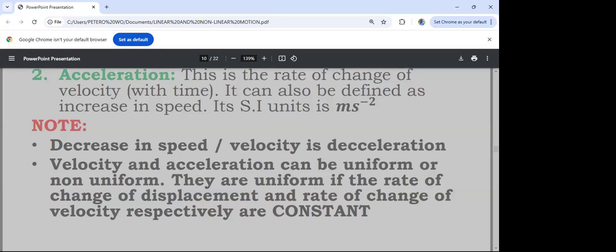Other books can also call it retardation. You write it here, retardation. So if a body is reducing its speed, we can say it is decelerating, or we can say it's retarding. Those are the two other things that you can use to mean decrease in speed.